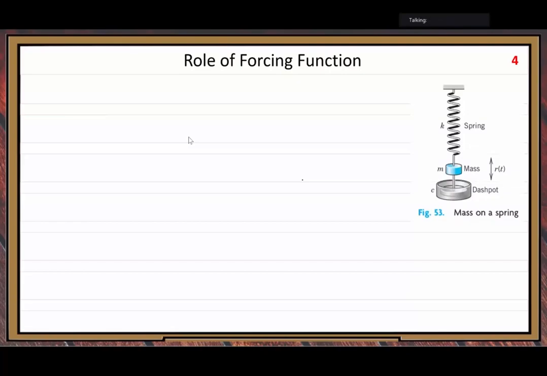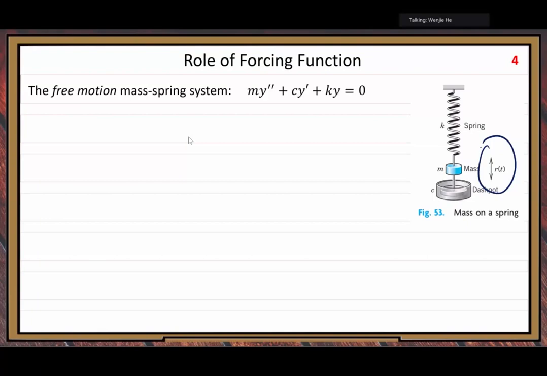So there is an external force applied to the system, in both directions, sometimes positive direction, sometimes negative direction. In the free motion, the external force part is 0.